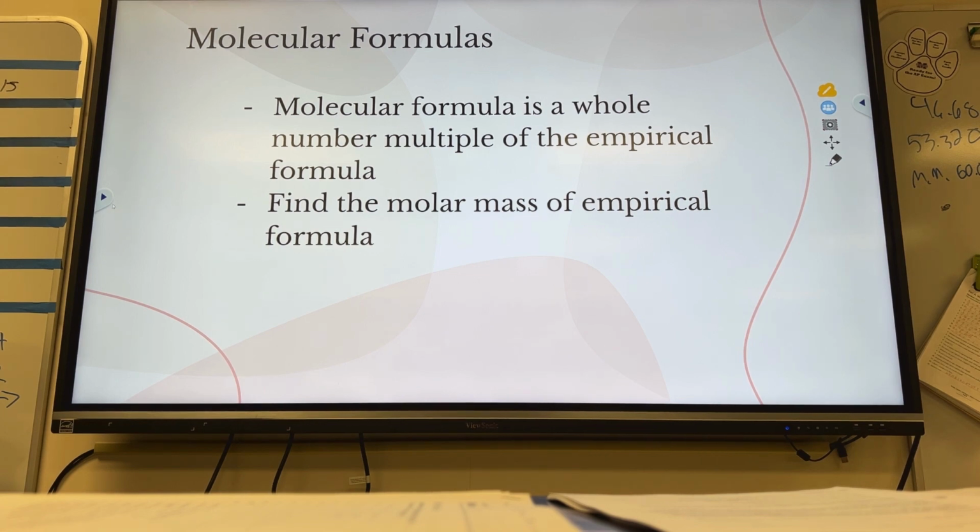I received some feedback yesterday that, wow, this is really empirical formula stuff. This is kind of easy, right? It's just some math steps that you have to follow to get you to the right answer. This is simply one more of those, where now you get a little additional piece of information on the problem, and that allows you to solve this.